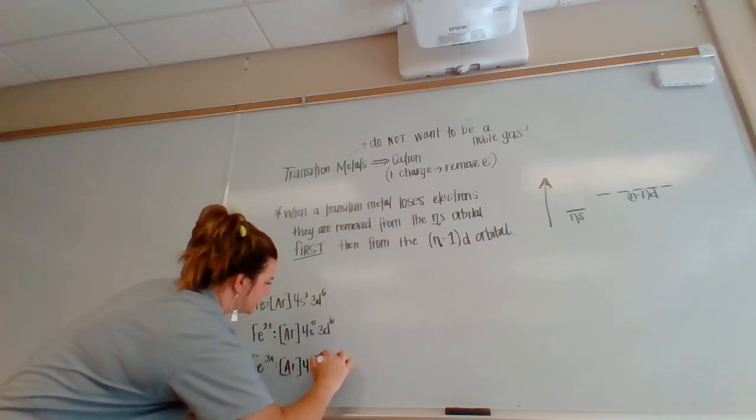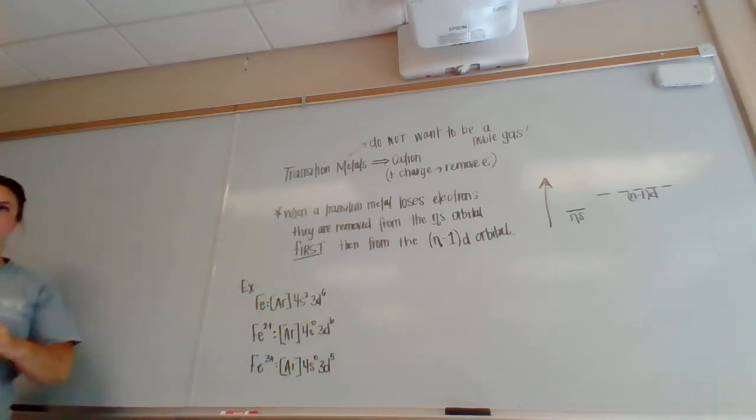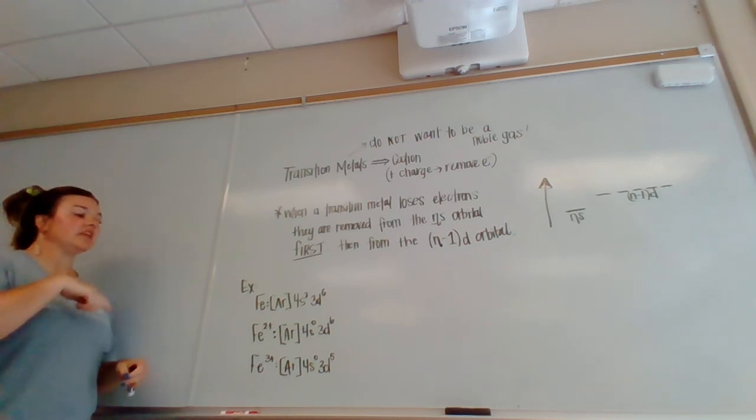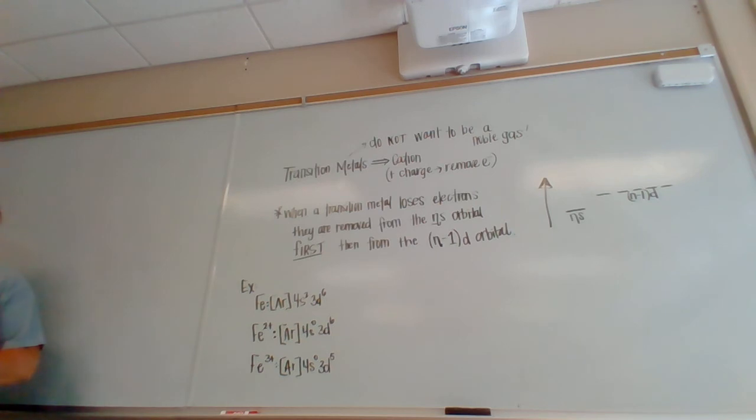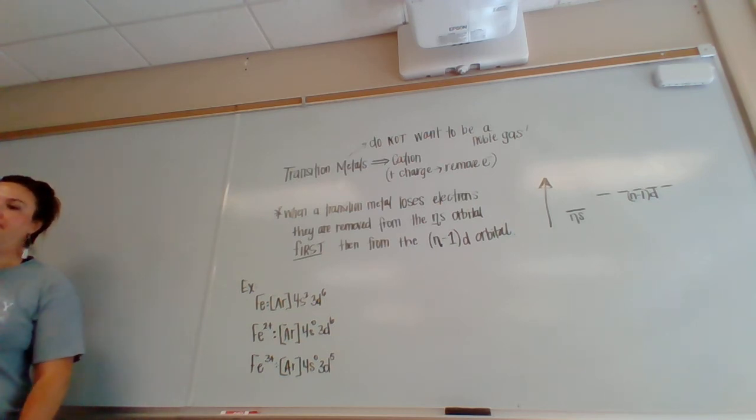So it's 4s0, 3d5. Where did that electron go? Normally, if I'm taking away from a metal, there's a non-metal around somewhere to accept it.